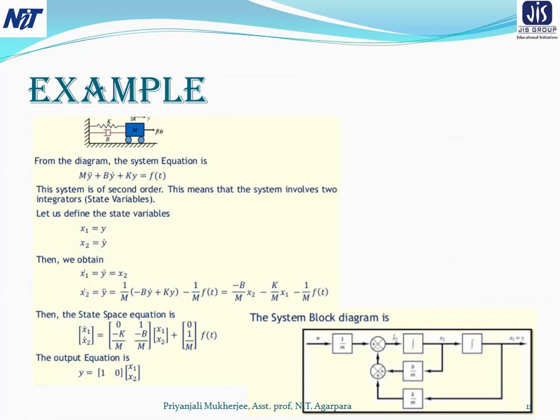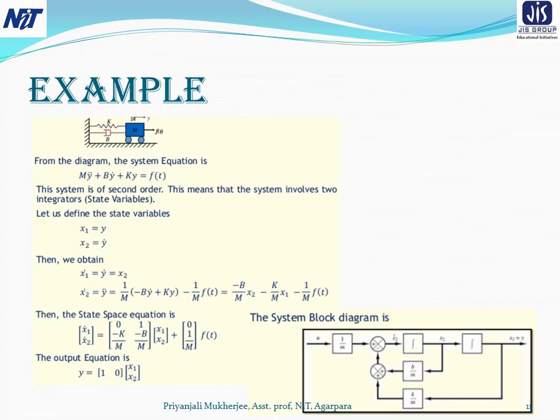And x2 dot, you can see from here, is equal to minus b by m into x2 minus k by m into x1 plus 1 by m into f(t). So from x2 we are drawing a gain, that is b by m, and similarly from x1 we are drawing another gain, that is k divided by m, and both are summed up here, and then we take the minus sign over here.